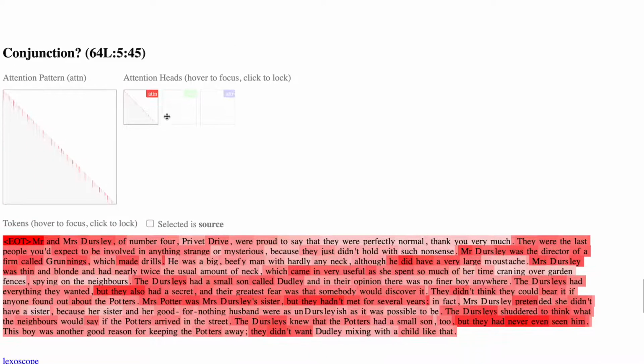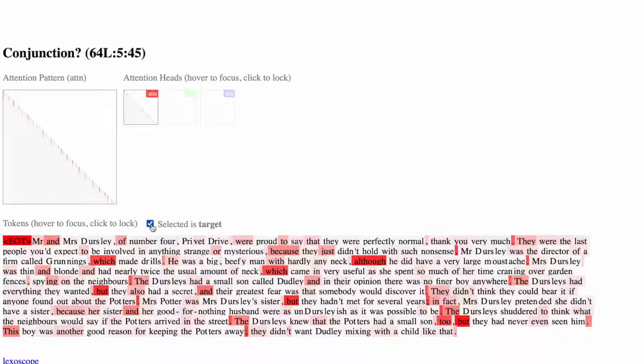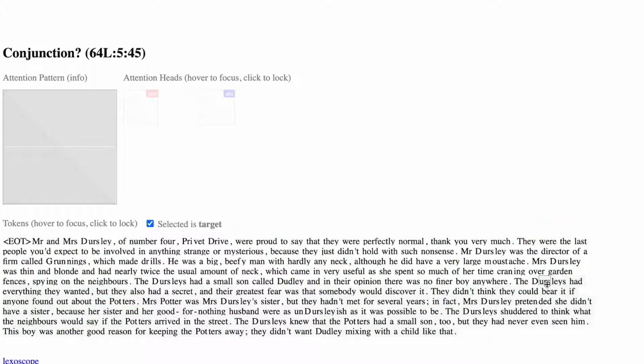Now, another interesting category. Again, let's look at where this attention head is attending back to, and let's switch to an info-weighted view. We'll see that this one really likes conjunctions: although, which, but, and, which, but. So it tends to like conjunctions. We also see that it sometimes likes the periods or the first token of a sentence a lot of the time.